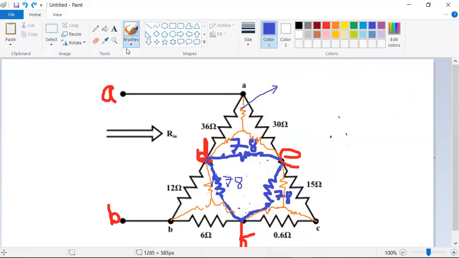For that, 30 into 36 by, so this is the formula for star to delta: 30 into 36 by the total addition of 30 plus 36 plus 78. So 30 plus 36 plus 78 is 144. 30 into 36 divided by 144. Hence that will be 77.14.